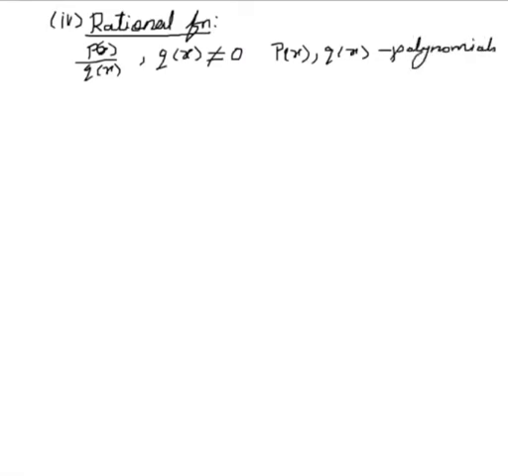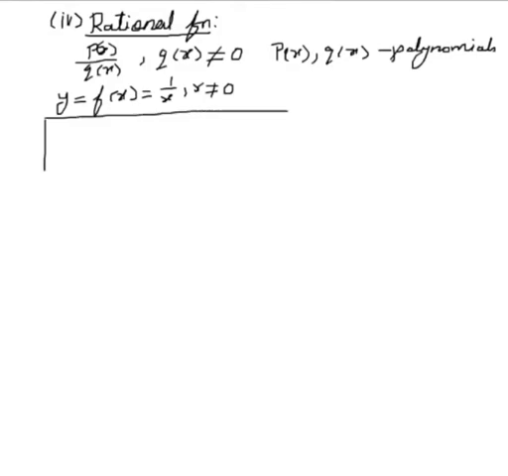Let us consider a very simple rational function. Y is equal to f of x is equal to 1 by x. Here numerator is a polynomial of degree 0 and denominator is a polynomial of degree 1, and x is not equal to 0.